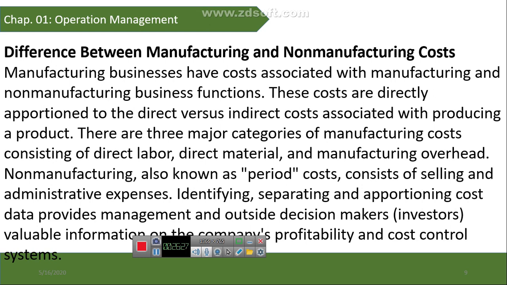Direct labor manufacturing cost is determined by calculating the cost of employees directly responsible for producing the product. For example, a clothing manufacturer considers employees that dye the clothes, cut the cloth, and sew the cloth into a garment as a direct labor cost. However, designers and salespersons are considered non-manufacturing labor cost, meaning period cost.